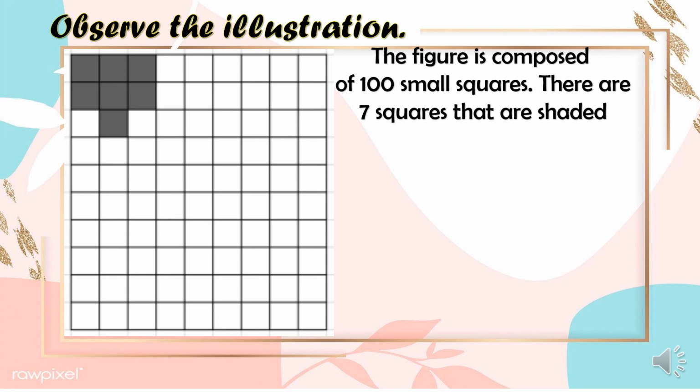The figure is composed of 100 small squares, and there are 7 squares that are shaded. That means if you are going to make it a fraction, that is equivalent to 7 divided by 100 or 7 hundredths.